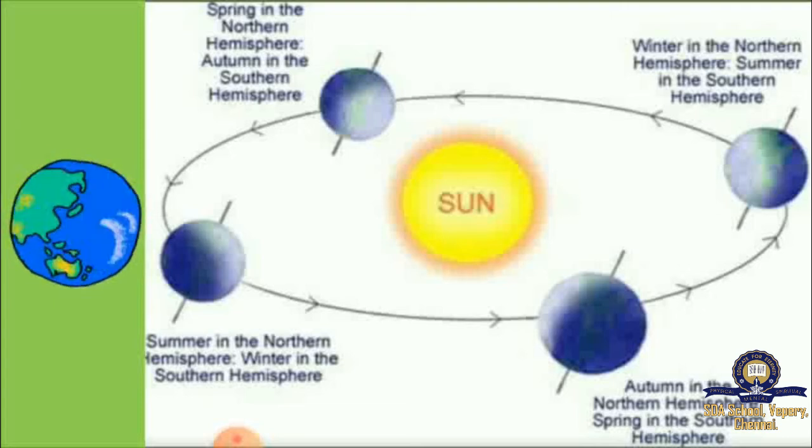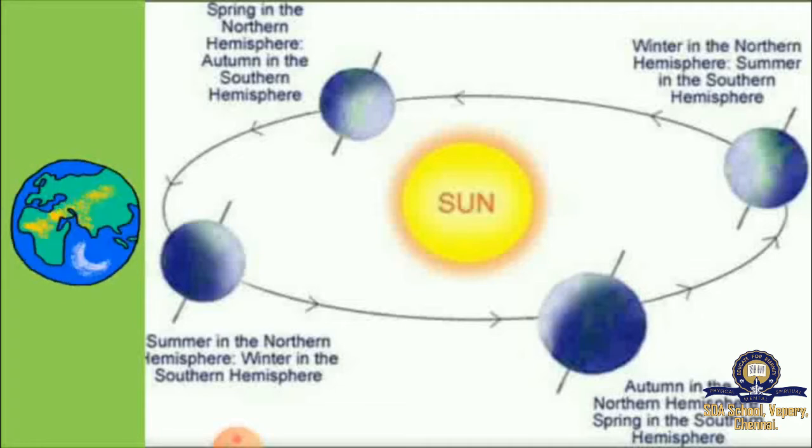Position 3 is located at the bottom of the sun, that is autumn. Autumn in the northern hemisphere and spring in the southern hemisphere. It is the same as position 1, children. When the Earth is at this position, the sun's rays fall directly on the equator.